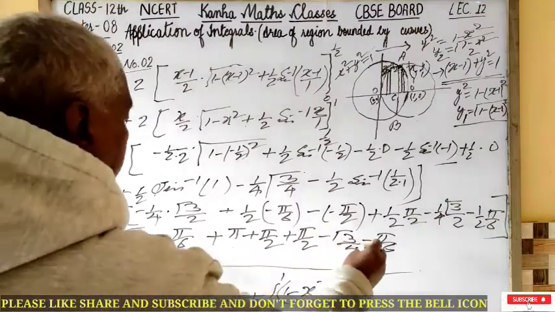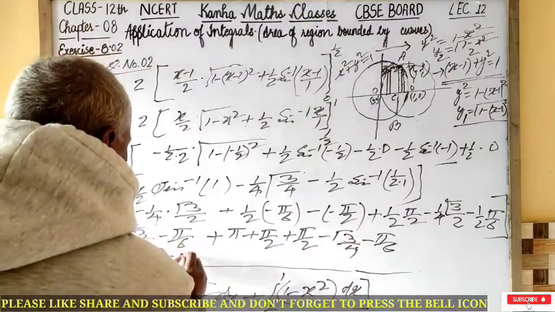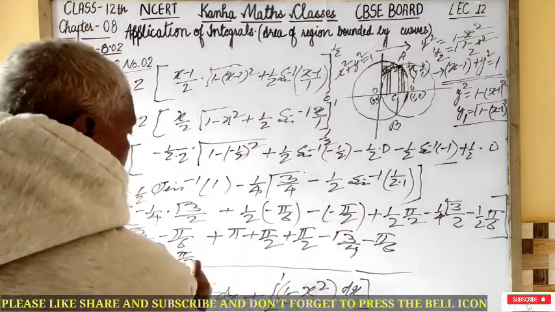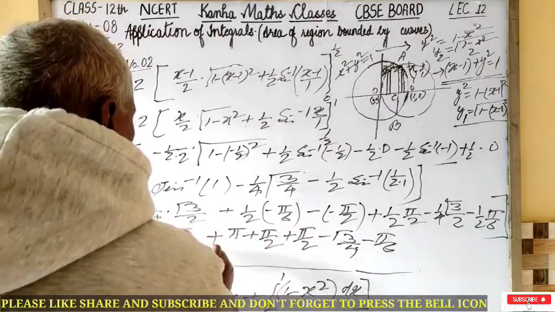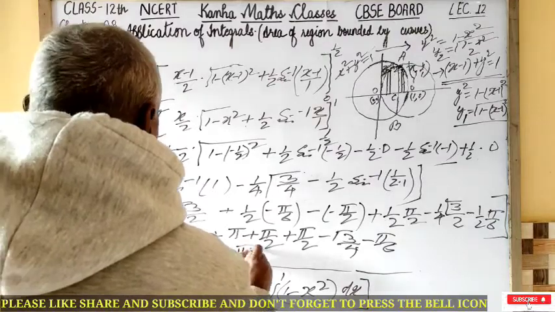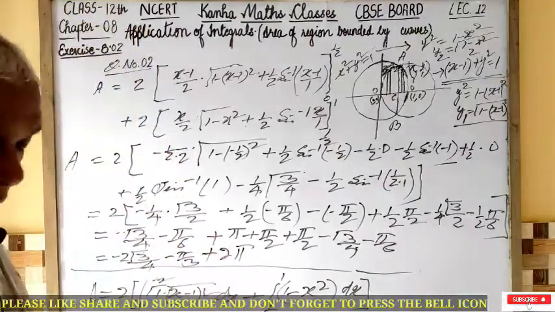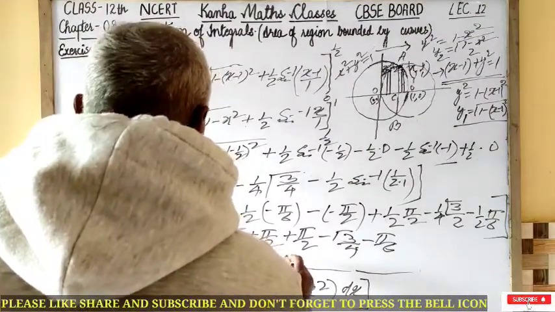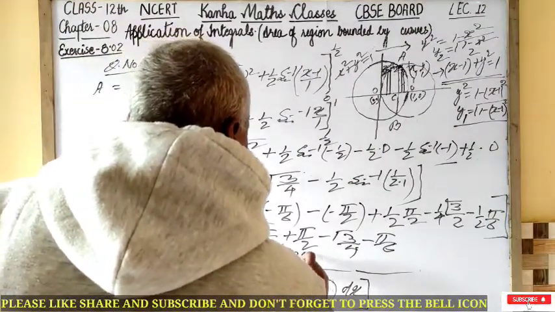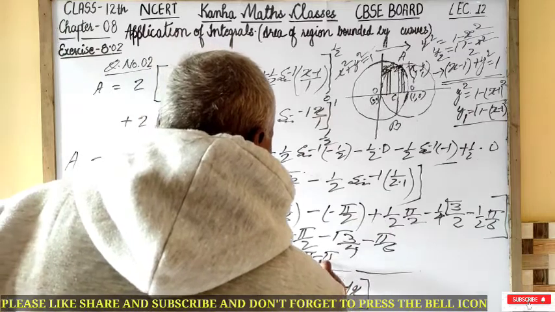Minus pi by 6 minus pi by 6 is minus pi by 3, and pi by 2 plus pi by 2 is pi, and this will be equal to 2 root 3 by 4 minus pi by 3 plus pi.